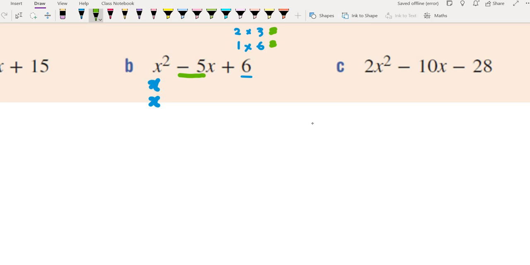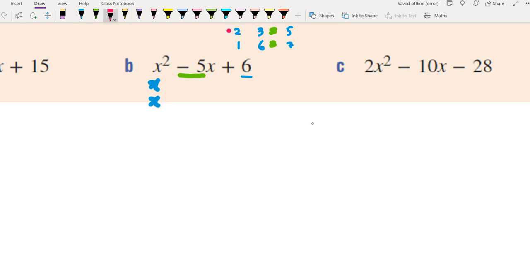Now, the first one equals 5, positive. The second one equals 7 when we add them up. So they're both no good. However, that's all we have. We don't have any other combinations. So now we need to be a little bit clever about this and think, wait a minute.